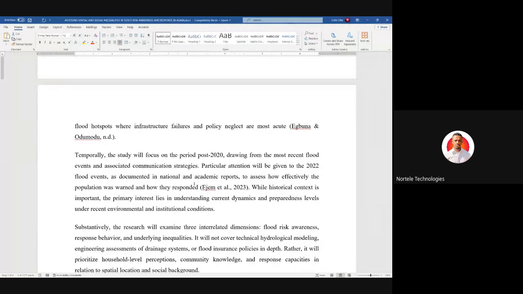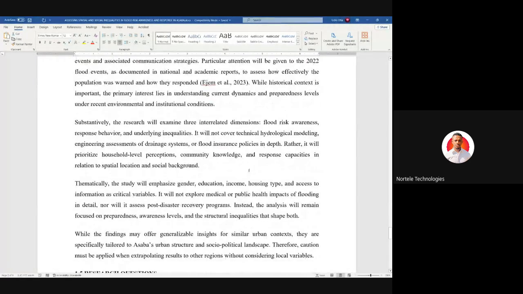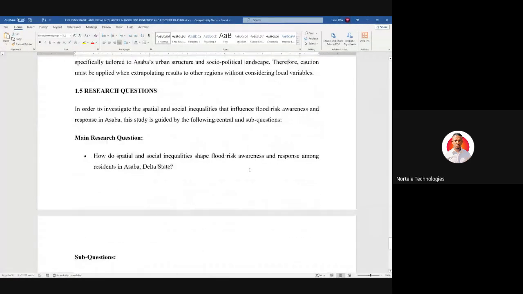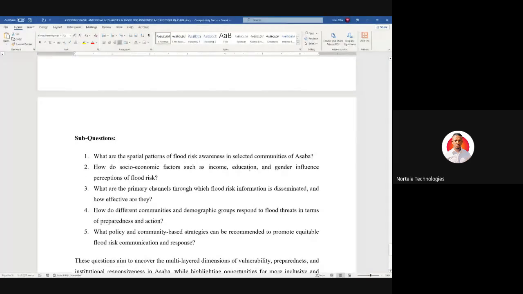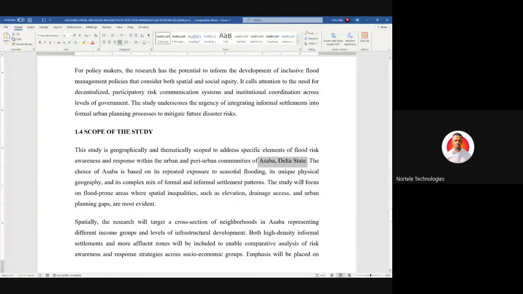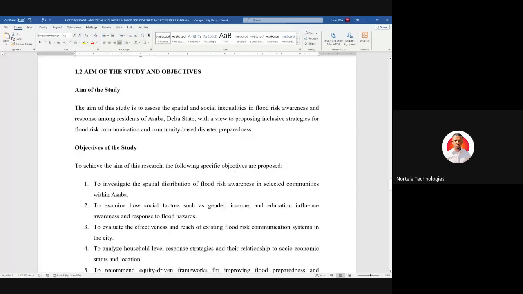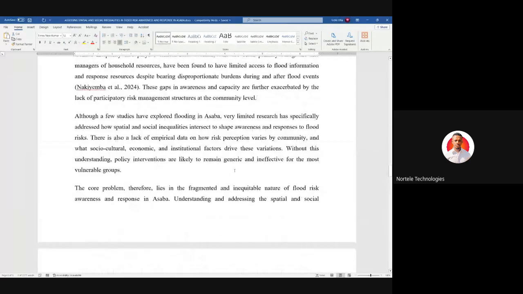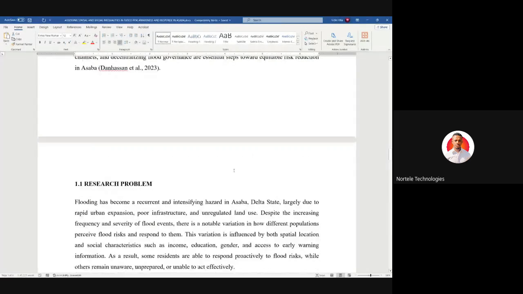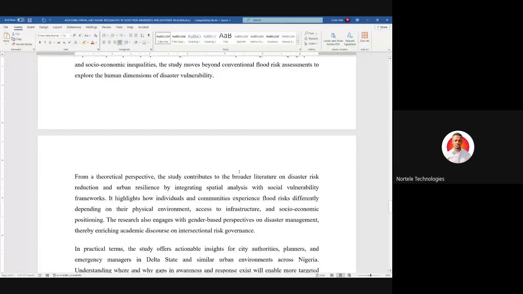Please don't forget. So before I leave this chapter 1, do we have any questions? We have talked about the scope, the significance, the aim and objectives, and the research problem. So I'm about to enter chapter 2.